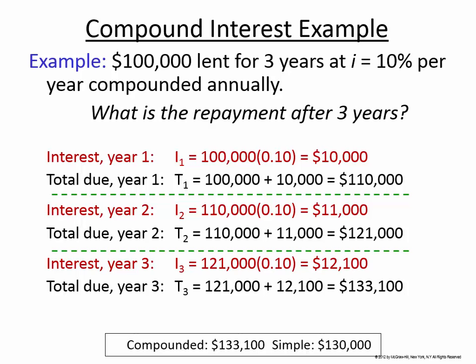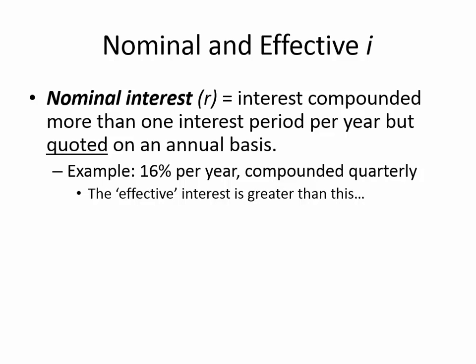But think about, what if they had compounded at the end of every month? If they're doing their calculations at the most frequency, then you're going to have to pay a little bit more interest even. All right, so this difference between the rate that they quote and the rate that you pay is what we're going to differentiate between nominal and effective interest.